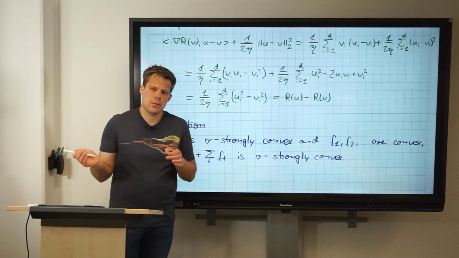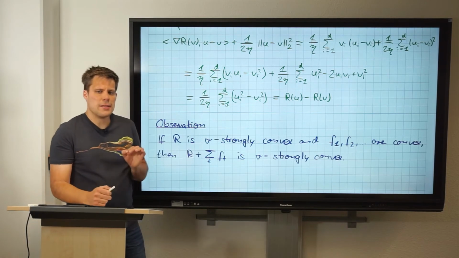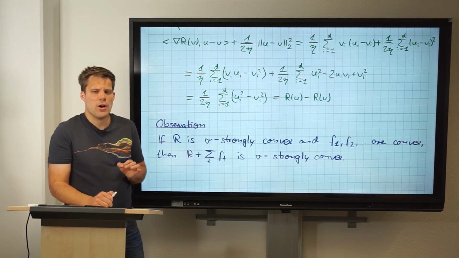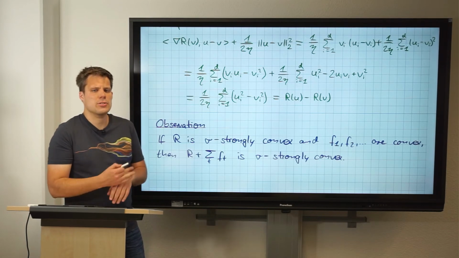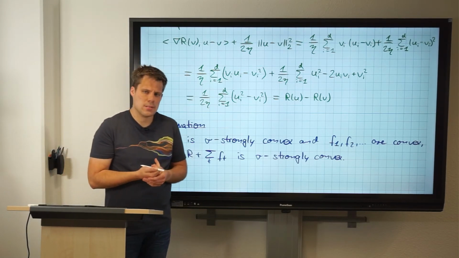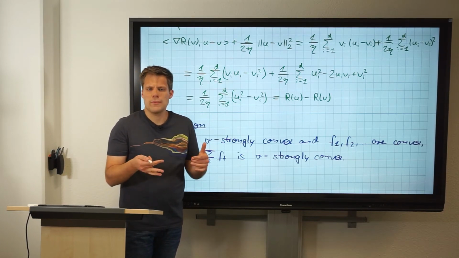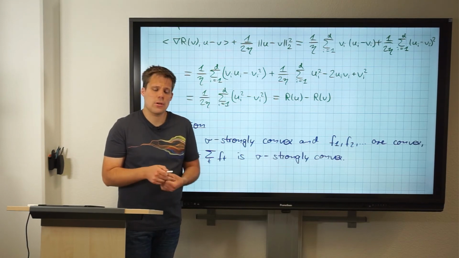So this might be a misunderstanding. We are not assuming that the functions that we're optimizing over are strongly convex. They are just convex in the regular, usual sense. So they are at least 0 strongly convex.